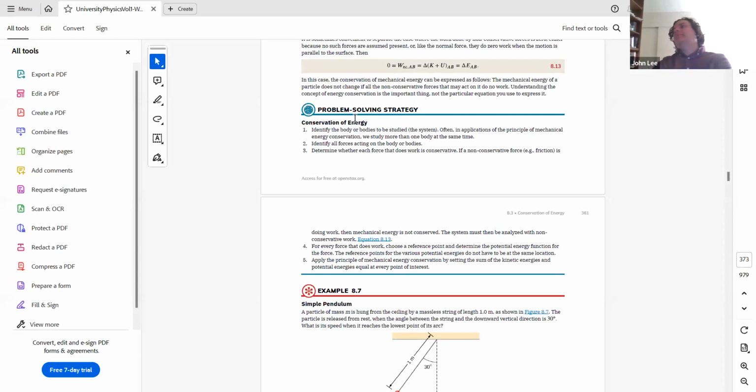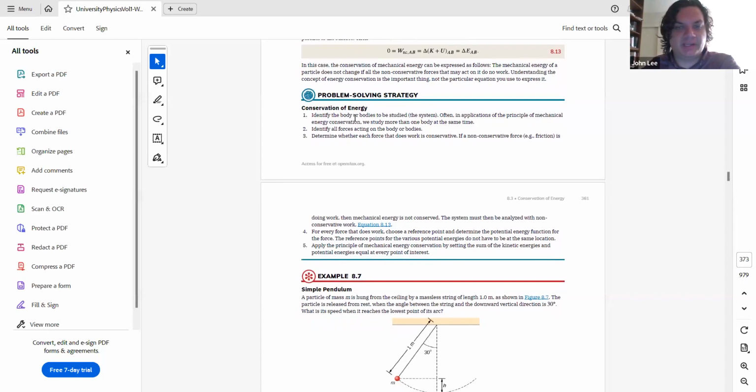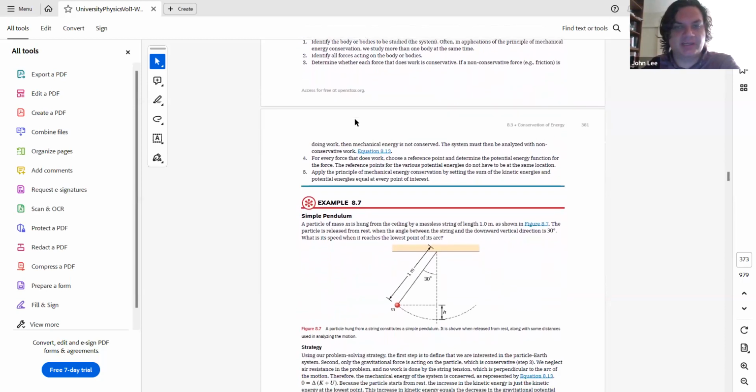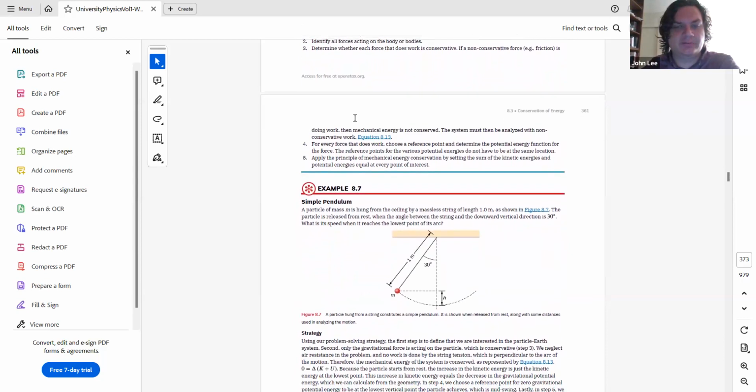Like I said, if you have friction, then that's going to cause a change in energy, which means that you can't just use conservation of energy in a non-trivial way. And then for every force that does work, choose a reference point and determine the total potential energy function for the force. The reference point for various potential energies does not have to be the same location. And then apply the principle of mechanical energy conservation by saying the sum of the kinetic energies and the potential energies is equal at every point of interest.